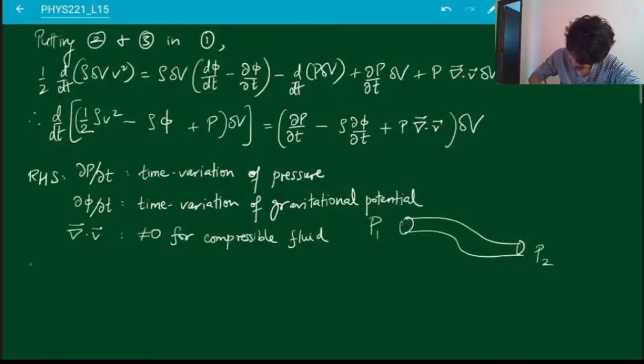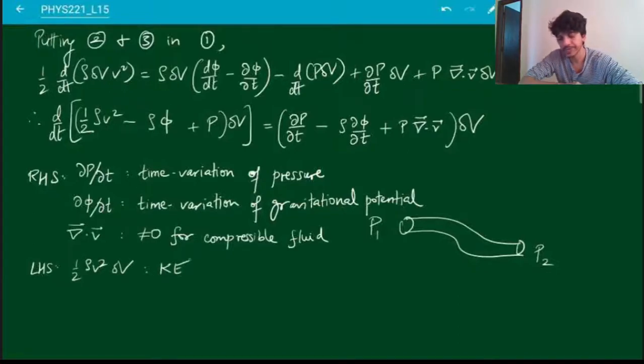On the LHS, what are the terms we have? We have half rho v square delta V. This is just the kinetic energy of the fluid element, because rho delta V is the mass of that element, delta m. What is P?